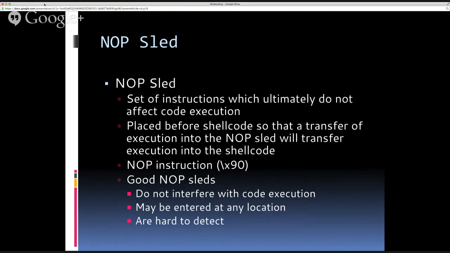The no-op opcode is hex 90, and this is basically a single-byte instruction that does nothing. This would be placed before your shellcode so that if you transfer somewhere into the buffer of code and land in the NOP sled, it will eventually transfer execution to your shellcode, which performs whatever function you're trying to do.